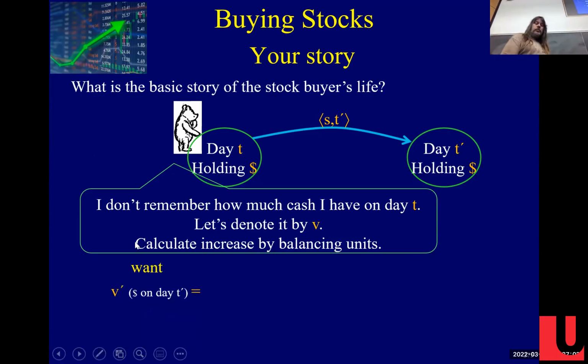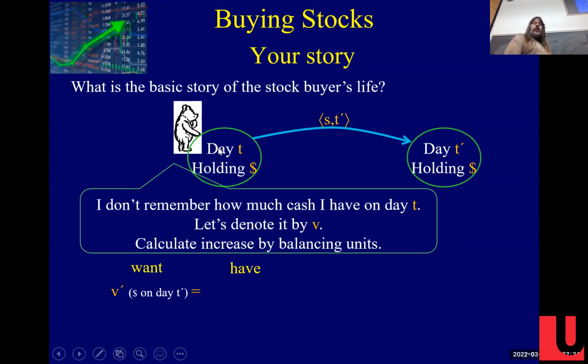I'm going to calculate how much money I'm going to have on day T prime, right? So V prime is how much money I have on T prime. This is how much you will have on this day, right?